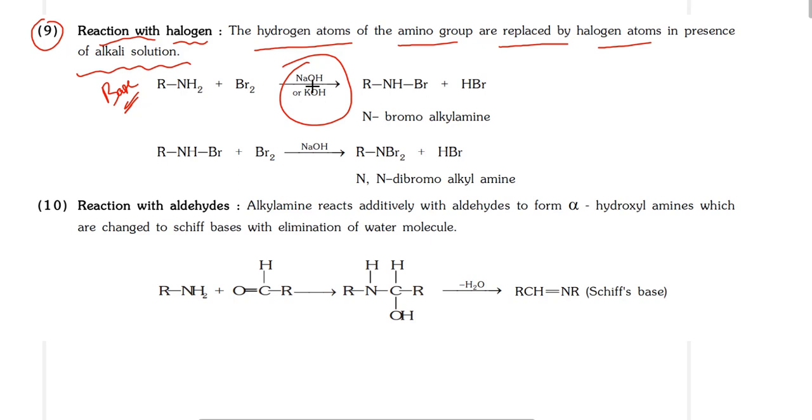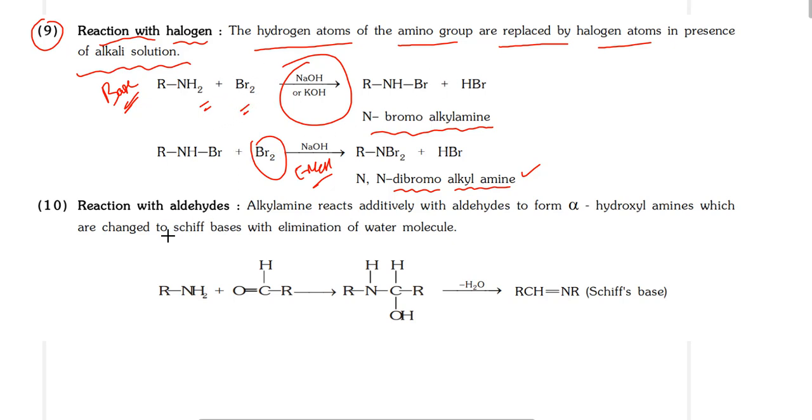Bromine in the presence of NaOH is there, then it is forming bromine substituted amines, N-bromo-alkyl amine. If you take excess amount, then N,N-dibromo-alkyl amines we are getting. Just releasing as HBr. In the last equation also we saw that HCl was coming out as a byproduct.